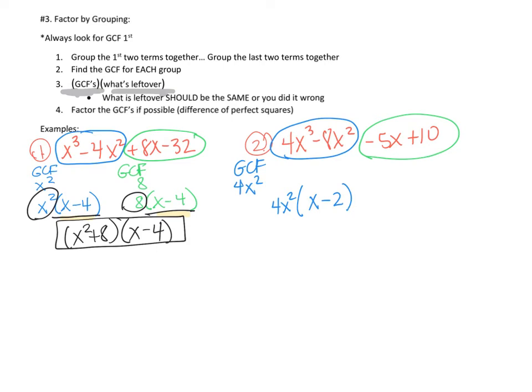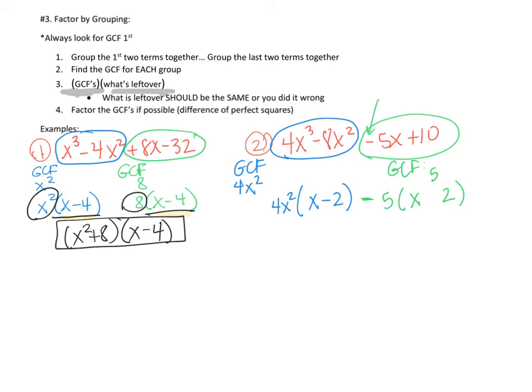All right, now let's look at the next group. One thing that I notice here is this subtraction sign is going to be on the outside here. We're going to talk about that in just a minute. But I'm going to look for my GCF. My GCF between 5 and 10 is going to be a 5. If I take out that 5, I will be left with x and a 2. Now, I don't say positive or negative because let's look for a second.